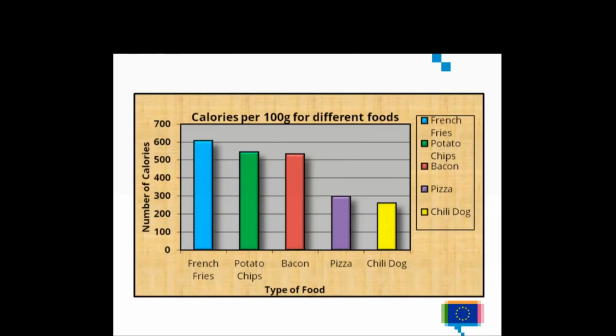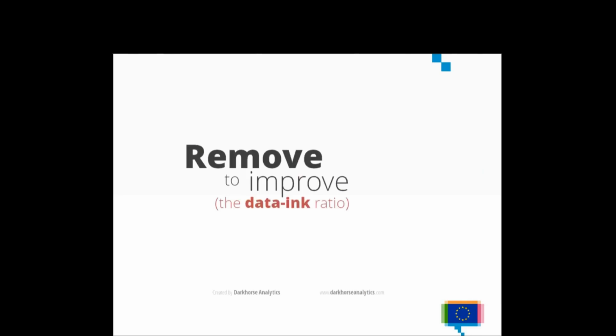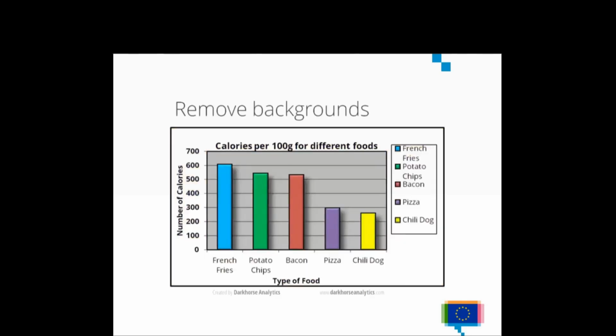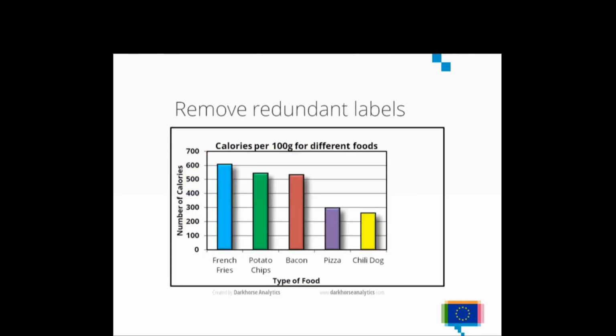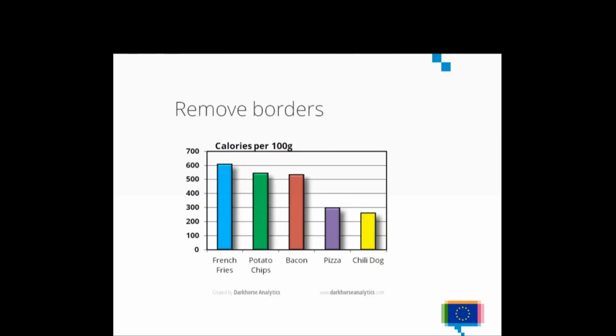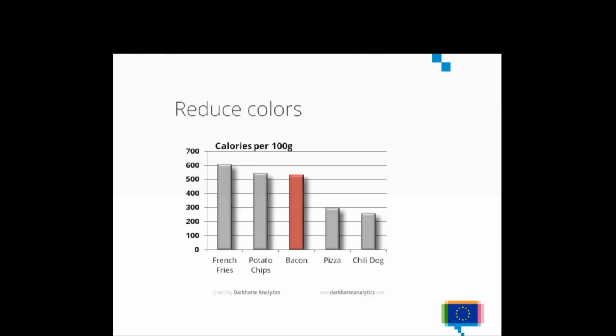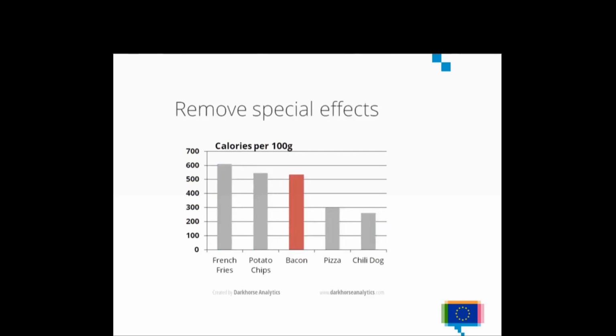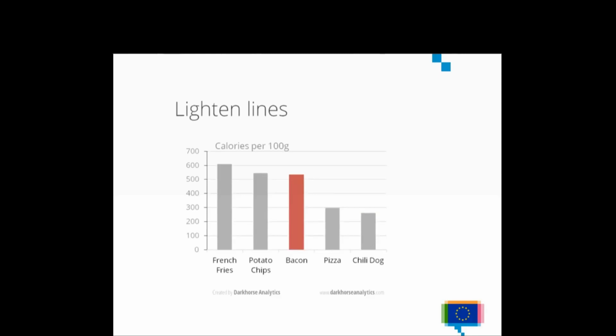So it's called Remove to Improve, an animation made by Dark Horse Analytics. And as you'll notice, the only thing that happens during the animation is things get removed, maybe sometimes moved to a different place on the chart, but it's almost always just removing things and putting things to the background.